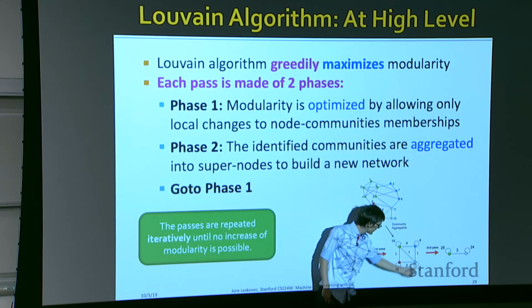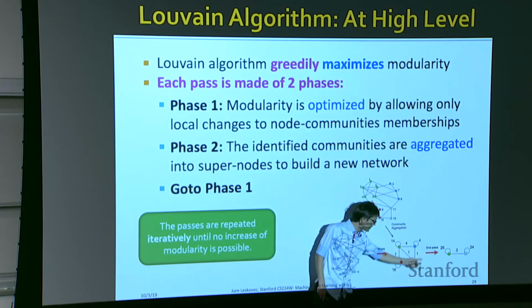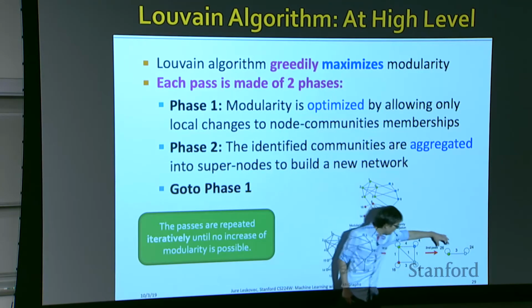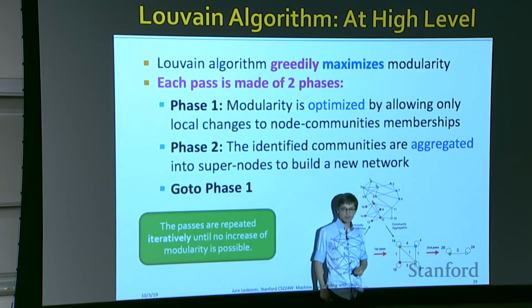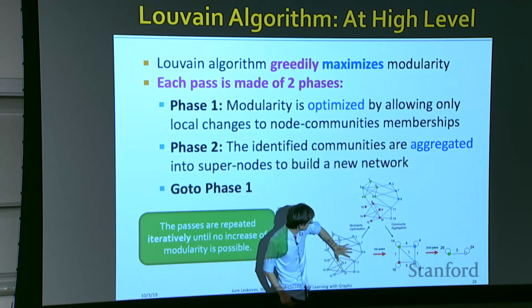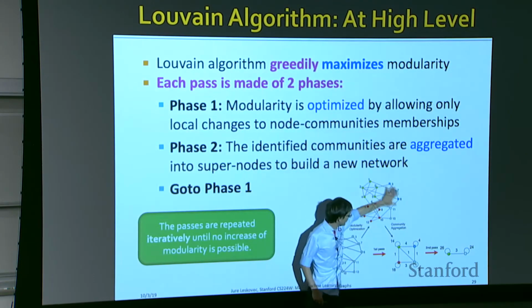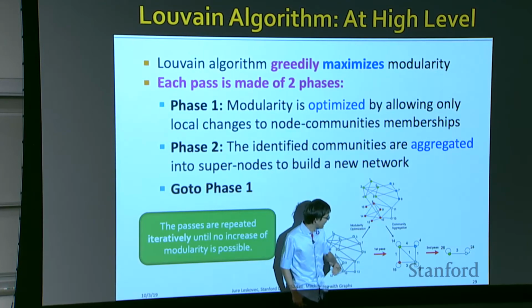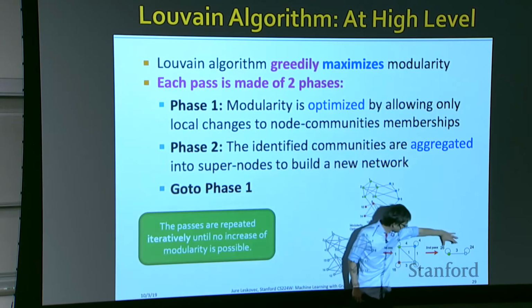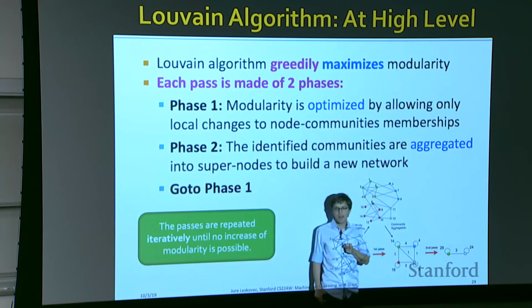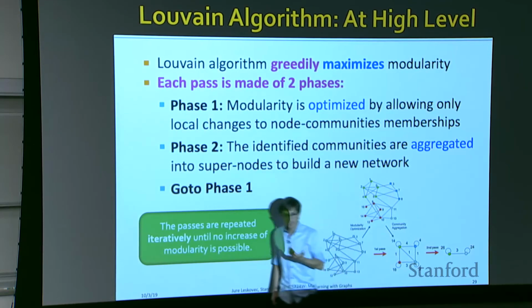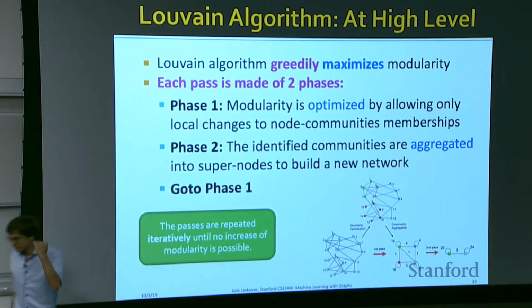Now I can run the same phase 1 on this graph of supernodes, and that will further identify groups. So for this input network, I have 4 communities at level 1, and then 2 communities at level 2. That's the idea. This is how we'll do this hierarchically.